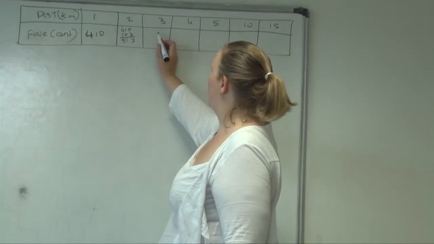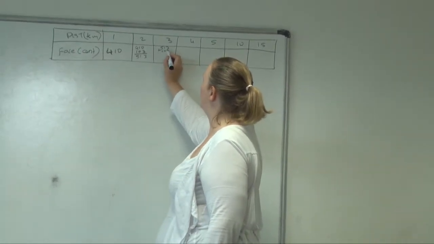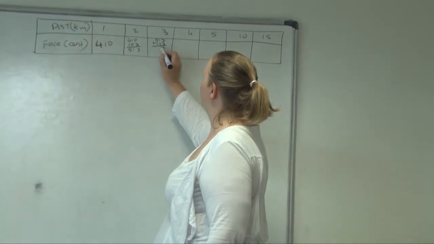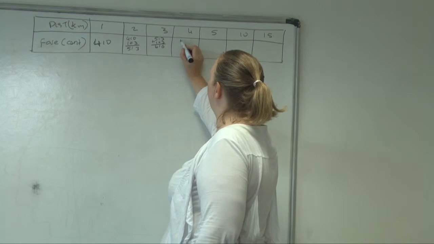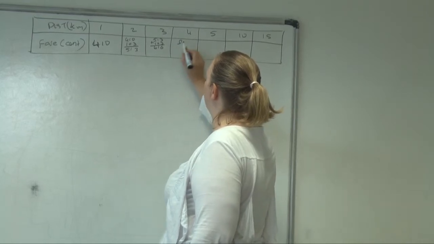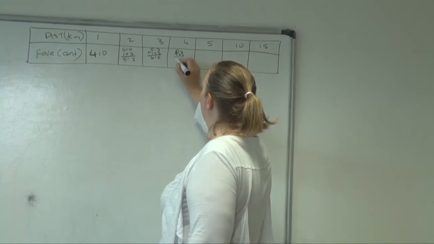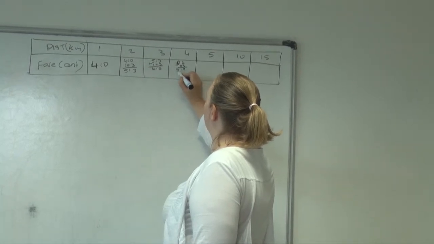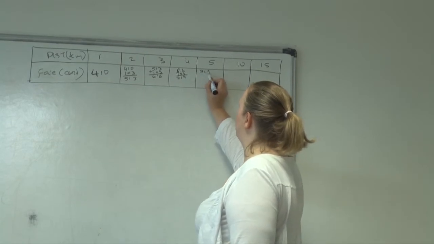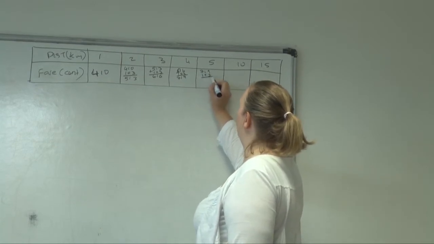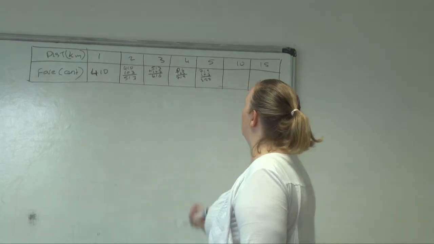Mile 3, 513 plus the 103, 616. Mile 4 is 616 plus the 103, 719. Mile 5 will be 719 plus the 103, so 822.